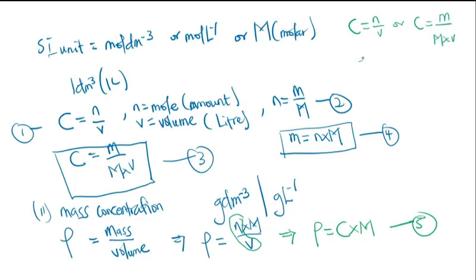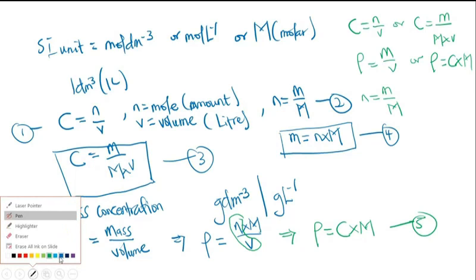We also said mass concentration is mass over volume, or mass concentration is equal to amount concentration multiplied by molar mass. We also know that mole is mass over molar mass.